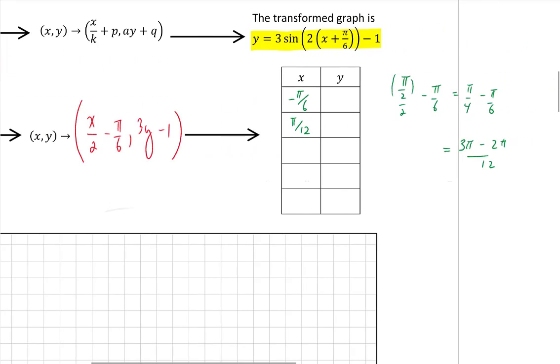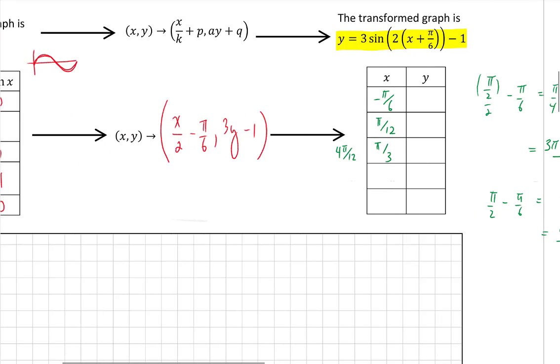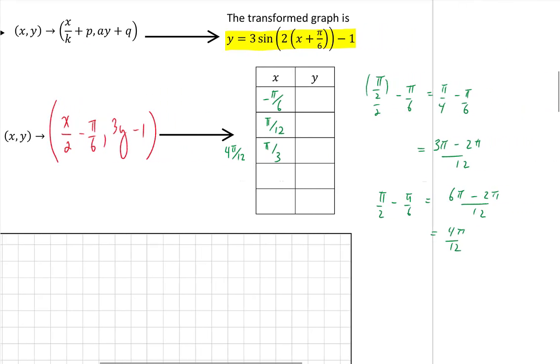Our next one is pi. So pi divided by 2 minus pi over 6. Common denominator 12 would give me 6 pi minus 2 pi all over 12, which is equivalent to 4 pi over 12, which we can simplify to pi over 3. The next one is 3 pi over 2.